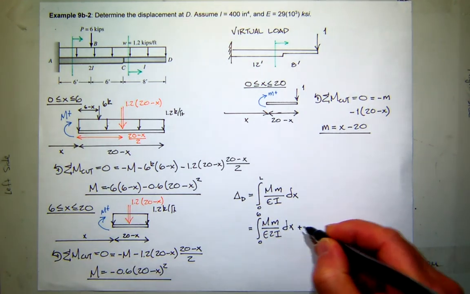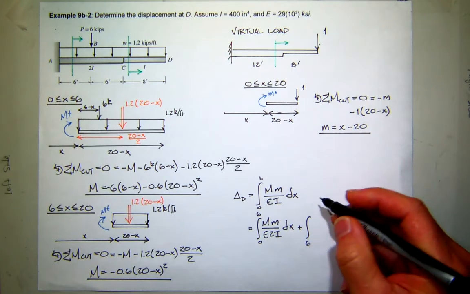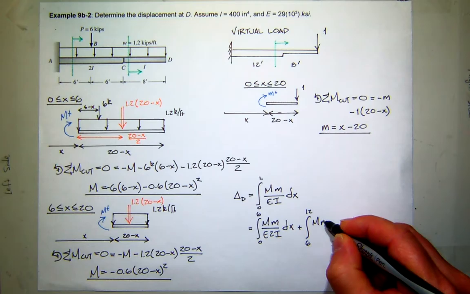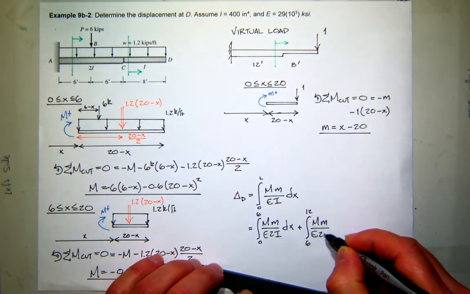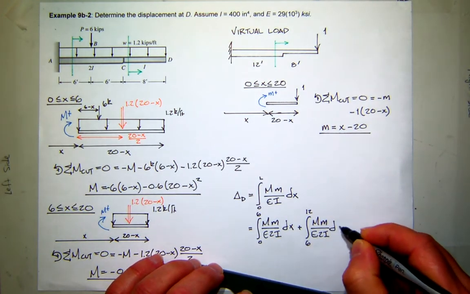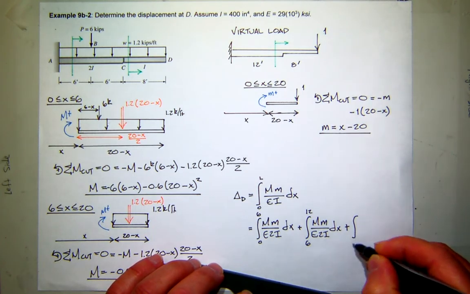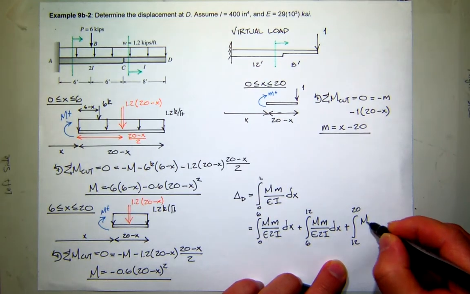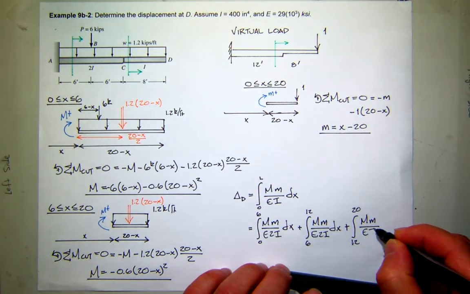And then again from 6 to 12, the real moment, the virtual moment, again over E 2I. And then finally the last 8 feet from 12 to 20, it'll be the virtual moment, the real moment over EI.